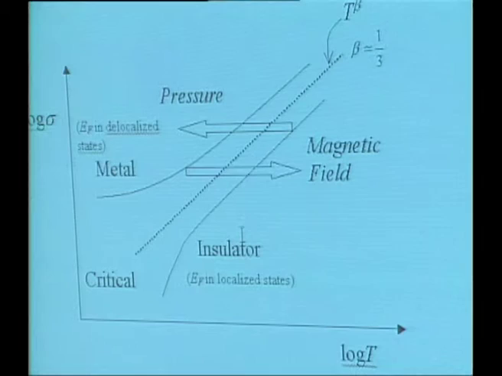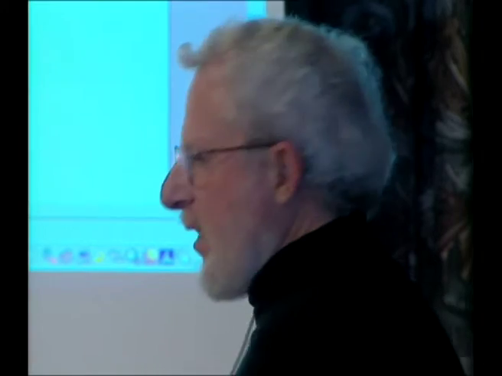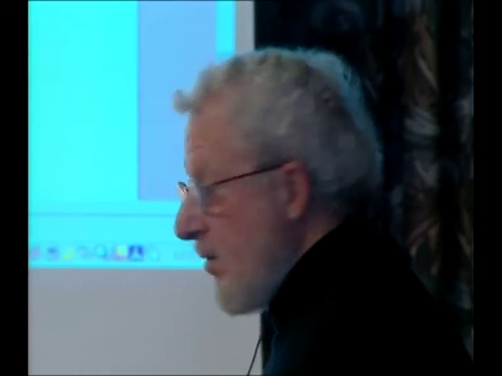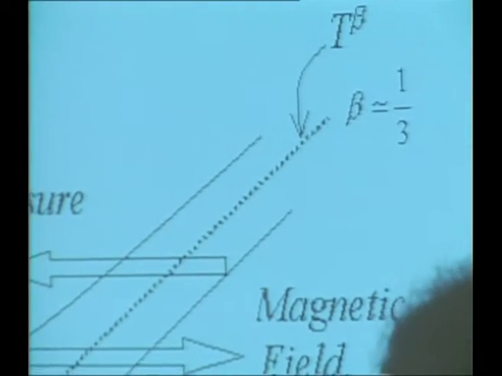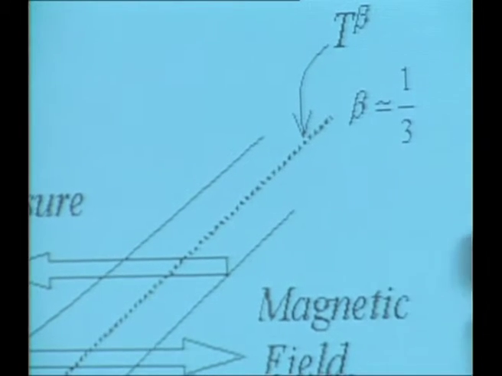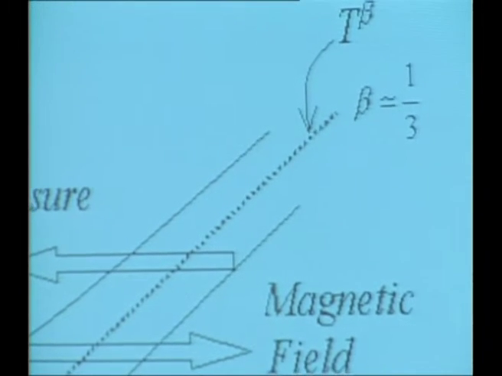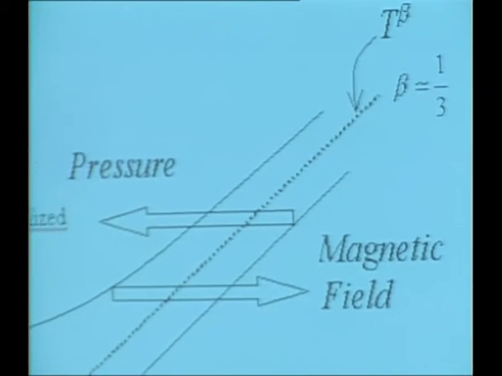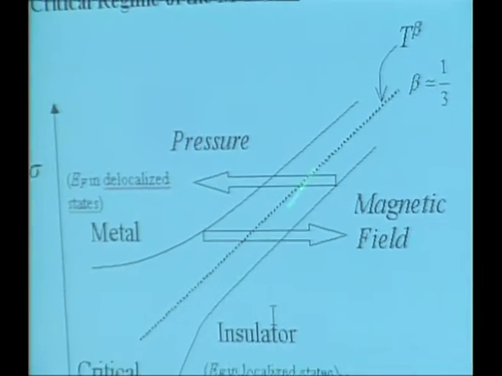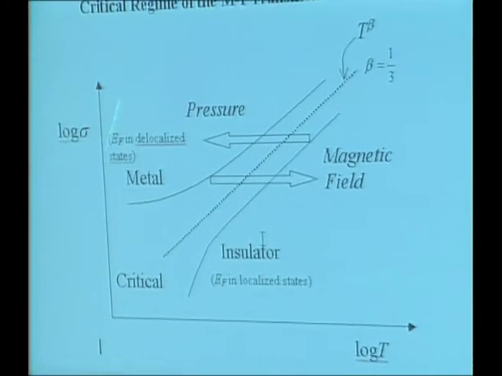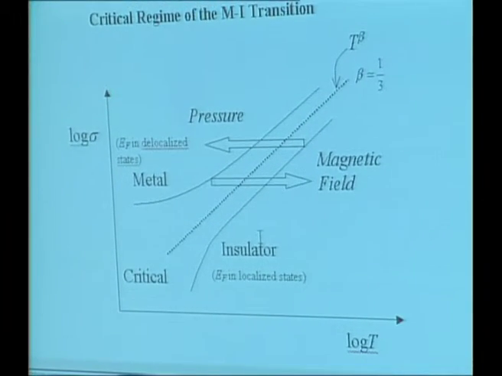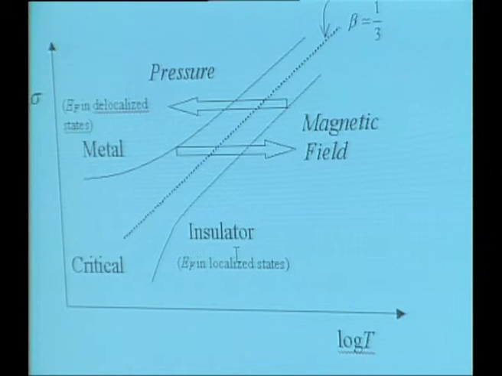The crossover between metal and insulator is a true phase transition. And if it's a true phase transition, there should be a critical point. There should be a critical regime. And there is. On this diagram, the critical regime is determined by a straight line here, and precisely at the phase transition, precisely at the critical concentration of disorder, the conductivity is a power law.